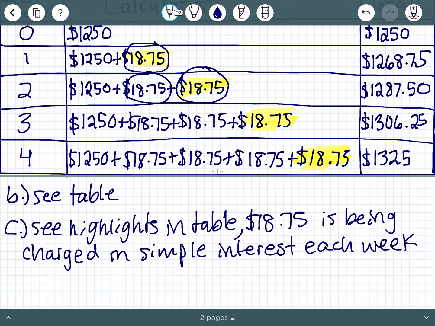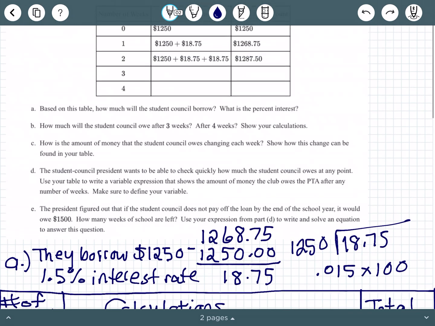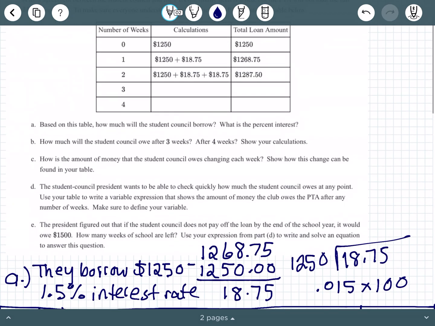All right, on to part D. The student council president wants to be able to check quickly how much the student council owes at any point. Use your table to write a variable expression that shows the amount of money the club owes the PTA after any number of weeks. Make sure to define your variable.